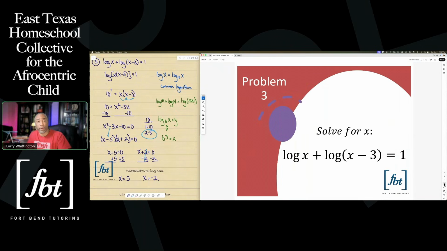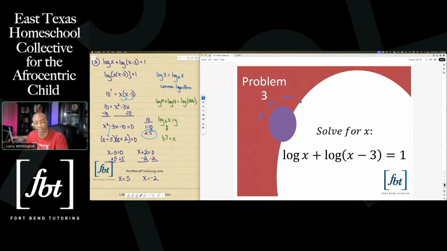But what we need to verify is that these values, when plugged into the original problem, don't make any of the arguments negative or make them equal to 0. So if I plug in 5, for instance, into this first one, that's just 5, and that's fine because that's a positive number. If I plug in 5 here for x, 5 minus 3 gives us 2, and it's okay to have the logarithm of a positive number 2 in this case, right?